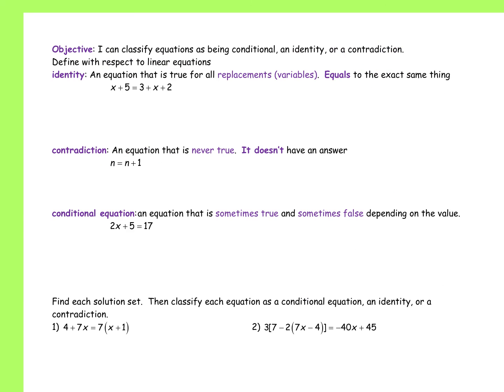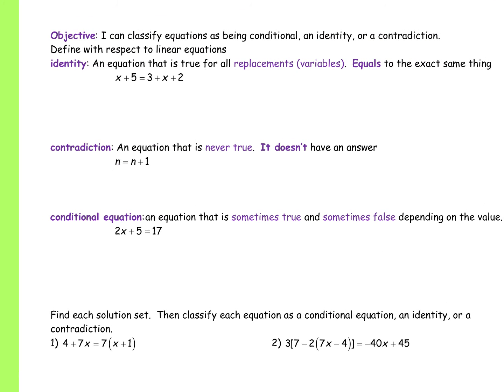Okay. So the next thing we're going to talk about is classifying equations. There are 3 different classifications. There's an identity. An identity means it equals exactly the same thing. There's no x's left. When I get done solving, the x's are all gone, and I get the same number equaling the same number. So I have an example here.